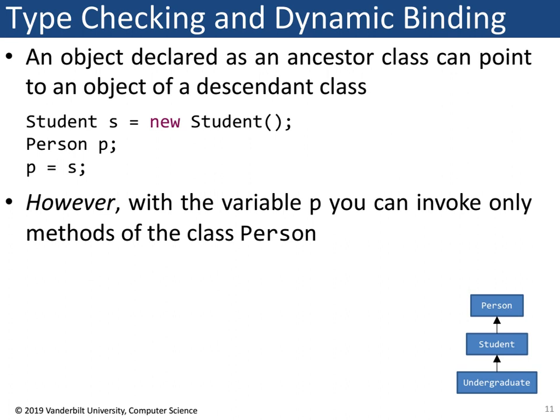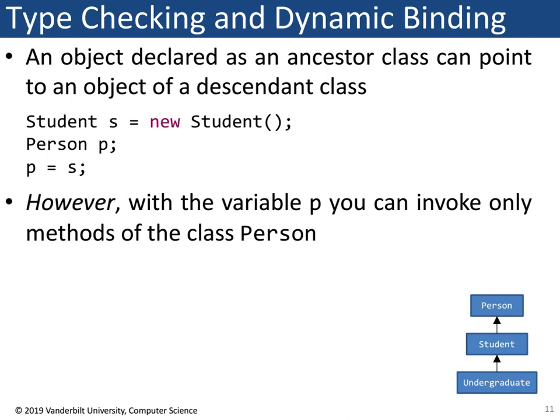However, in any uses of the variable P, you can invoke only methods of the class person. So you couldn't use any of the methods which are defined at the student class level. You would have to restrict yourself to calling the methods which are available at the person level. So you could do get name, but you couldn't do get student ID.